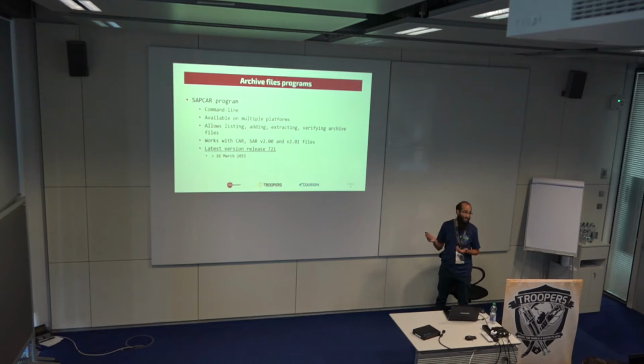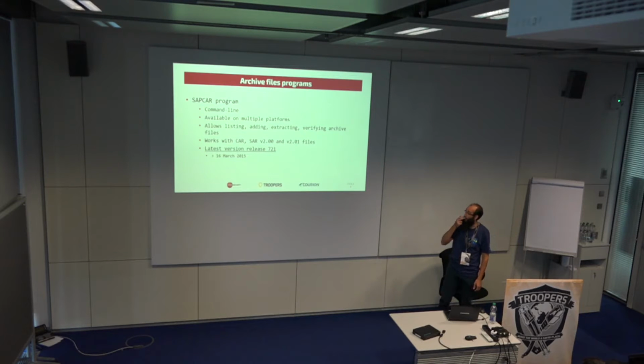And SAP provides this program for extracting and handling the information. It's called SAPCAR. Probably most of us know about it. It's a command line program that you can easily use for listing files, extracting, creating new archive files, and things like that.